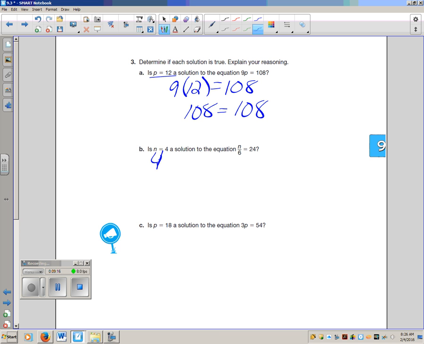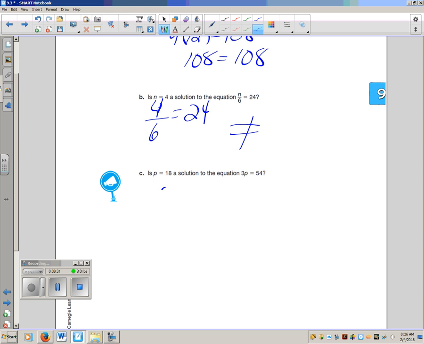So 4 divided by 6, is that 24? Nope. Not equal to. Is p equal to 18 a solution? 3 times 18 equal 54. 3 times 18 is 54.